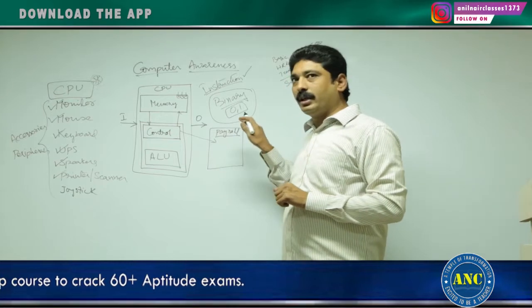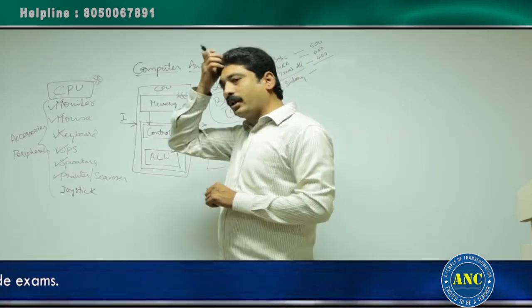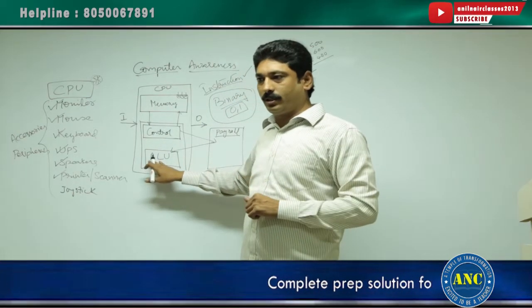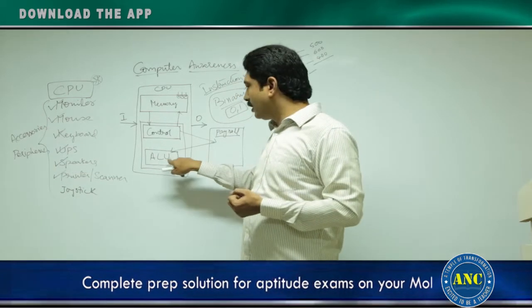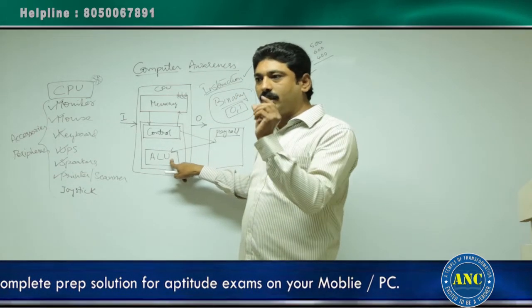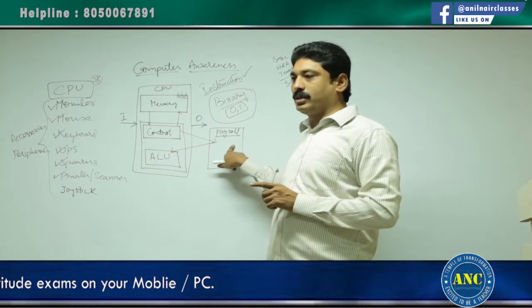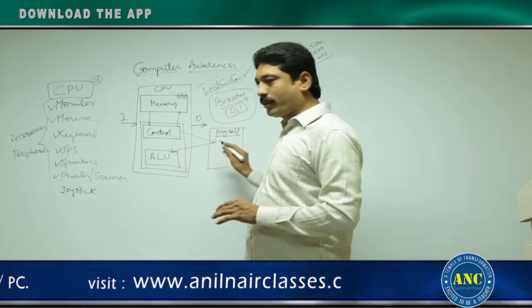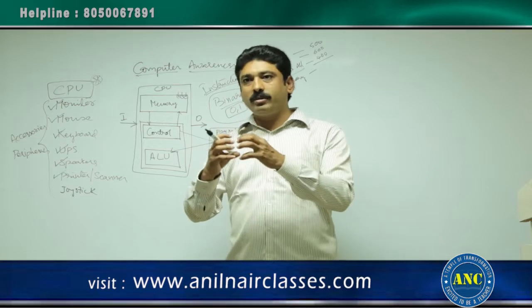Because that belongs to the arithmetic and logic unit, it goes back and executes it there. The reference for this is a library file. The arithmetic and logic unit is available as a library file, and that library file is referred to in this payroll system. Are you getting it? So instead of writing how to add two numbers or how to multiply two numbers, that program is already written.